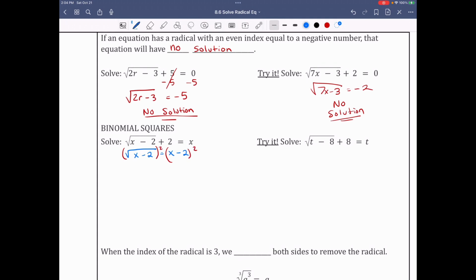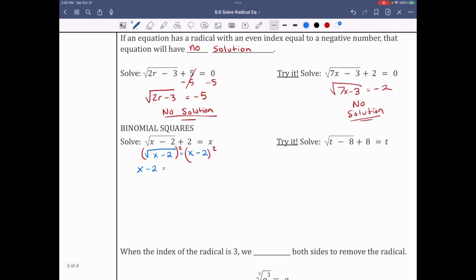When we do that, the square root sign goes away, so we have x minus 2. And when we square a binomial, and it's the same thing, like we're squaring the binomial, that's going to be a perfect square trinomial. So on our side, we can just write PST as a reminder that that's going to be a squared plus or minus, depending on the sign, 2ab plus b squared.